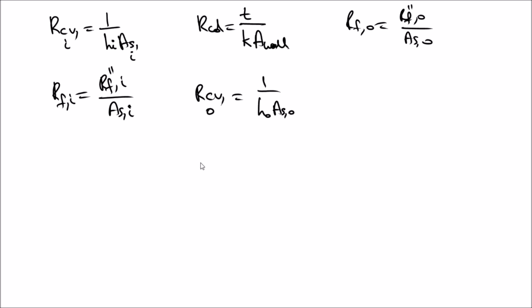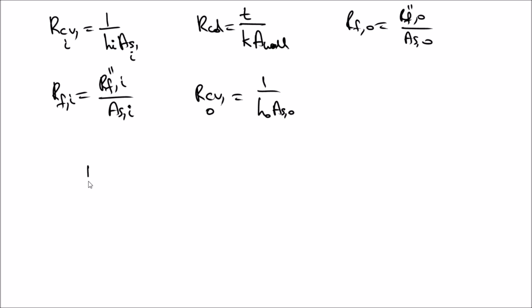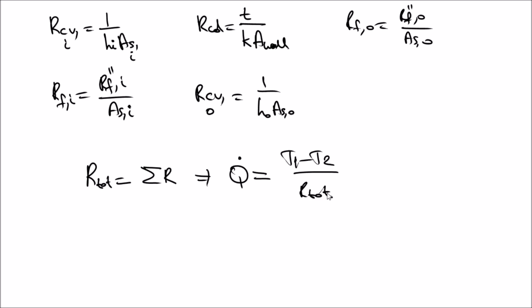This is the general thermal resistance network for this tube. If you get the sum of these resistances, you will get the thermal resistance between T1 and T2. R total will be equal to the sum of these, so total resistance. And then heat transfer between T1 and T2 will be T1 minus T2, or T2 minus T1, it doesn't matter, divided by the total resistance.